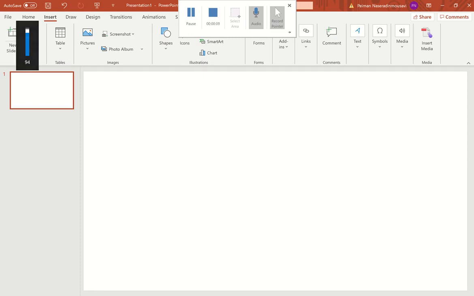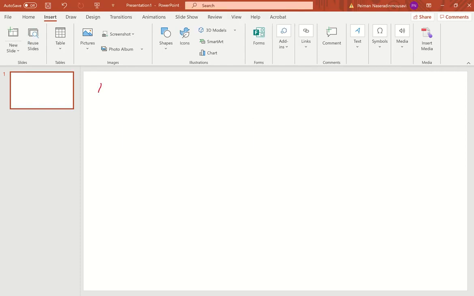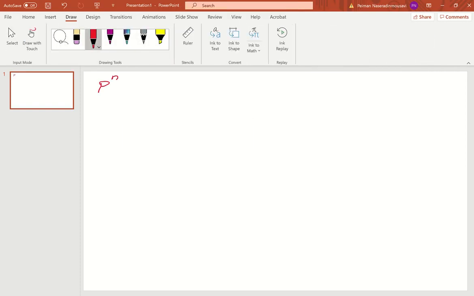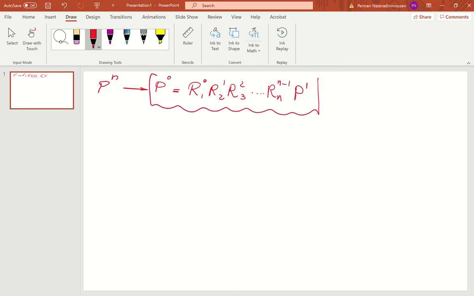We saw that if we know the position of point P with respect to frame N, then after the N rotations you can find point P with respect to the reference coordinate frame as 1r0, 2 with respect to 1, 3 with respect to 2, and finally n with respect to n minus 1 times p1, that we established together in the previous class, remember? Now let us do this example, guys.